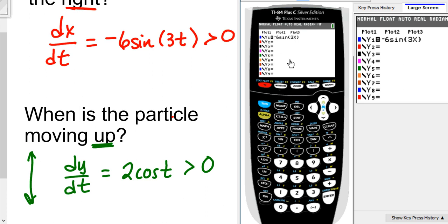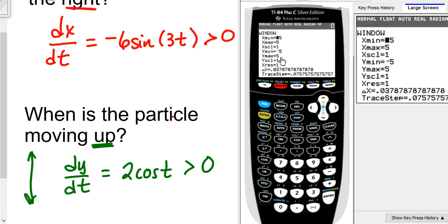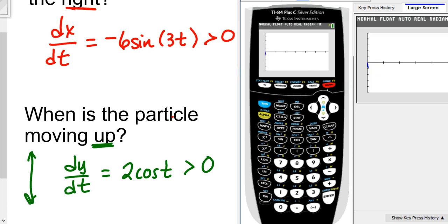So I'm just going to come here to regular function mode. And I'm going to look at my window and think, okay, well, my independent variable is t, or time. So I'm going to start from time being 0, because that makes sense in context. And because it's trig-based, I'm going to go to 2 pi. I think that's going to be useful. And then I'm going to look here at my graph and see what's up.